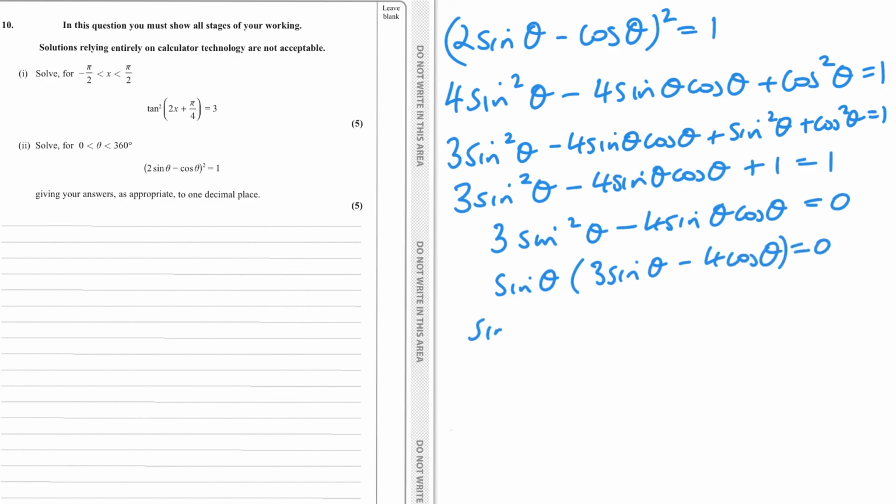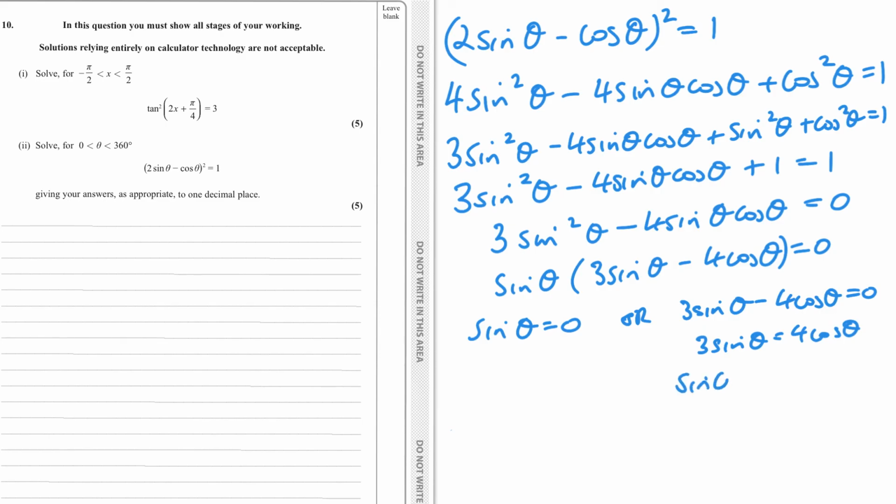That means that sine theta equals 0, or 3 sine theta minus 4 cos theta equals 0. So this is 3 sine theta equals 4 cos theta. Sine theta over cos theta then would be 4 over 3, or tan theta is 4 over 3.